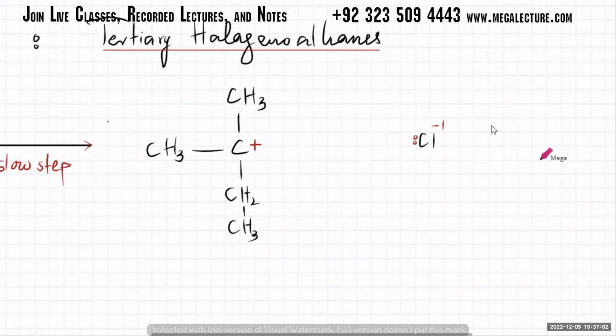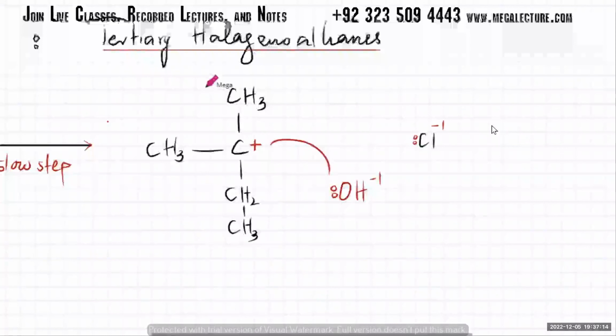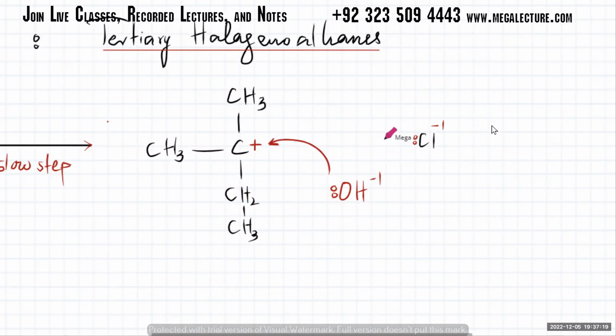Now the OH minus or any of the other nucleophiles, with their electrons, can now come in and join with this carbon atom. Okay? So it could be the other ones as well. It could be Cl minus, it could be NH3. So it could be any one of these.